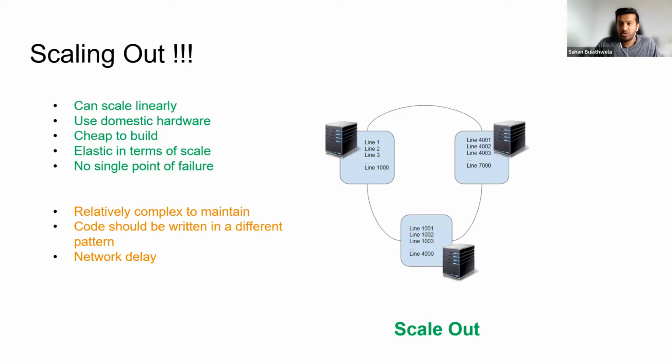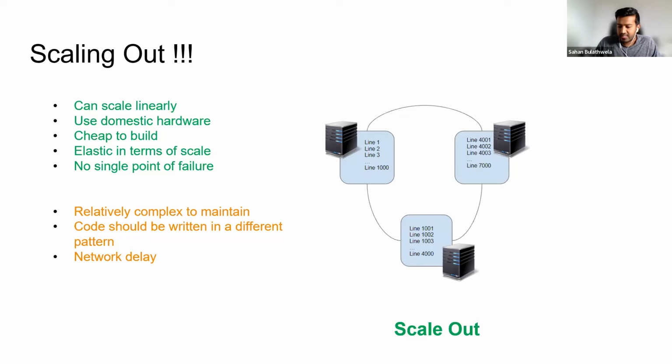You don't have to go to a specialized vendor and spend an exponentially large amount of money to get a bigger box, so it's cheaper, and also cheaper in terms of not having to invest in an entirely new hardware system.